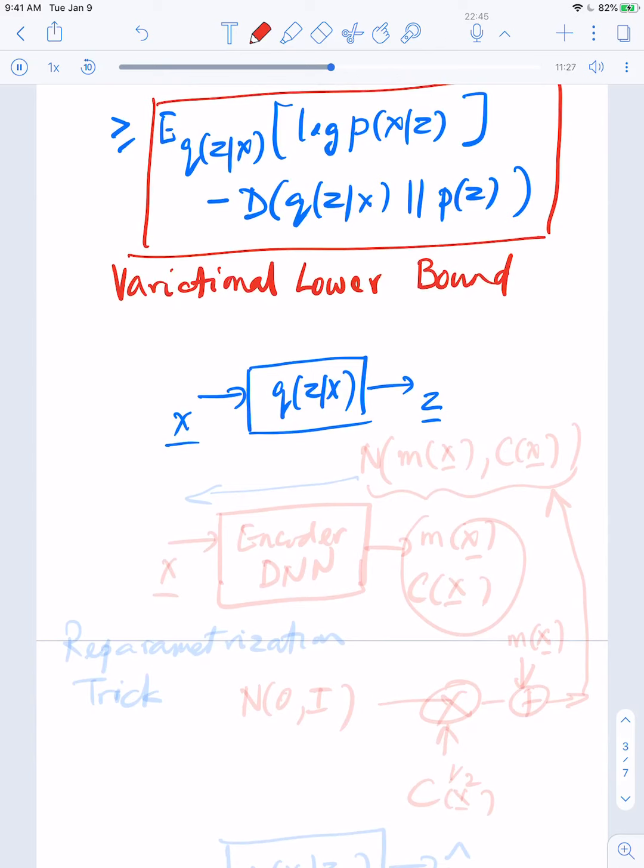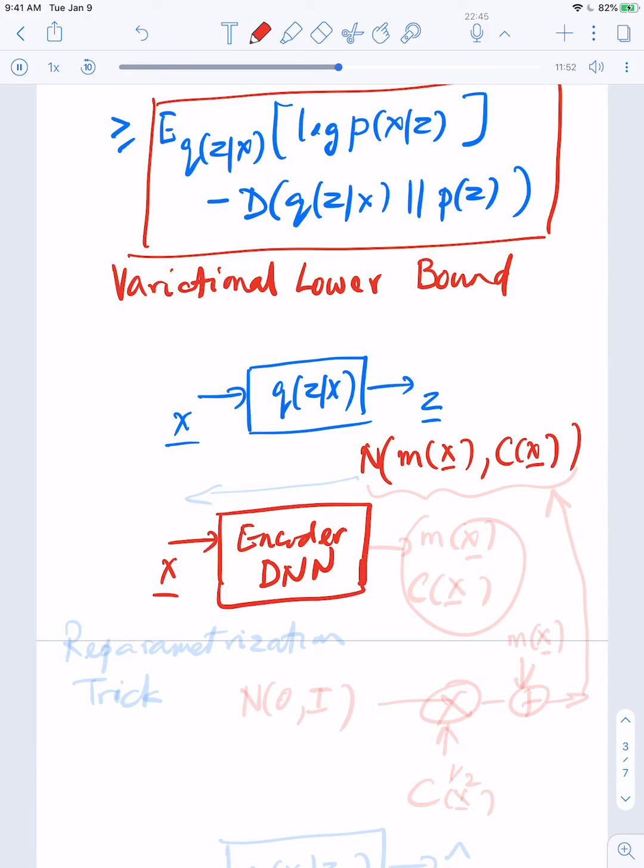Well, what I do is to say, I'm going to assume that it's a random vector that comes from a nice density whose parameters depend on X. So what does that mean? I can take X and have an encoder deep neural network that just produces M of X and C of X. Why?